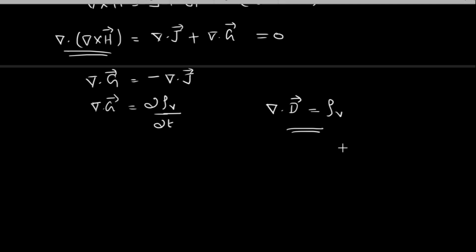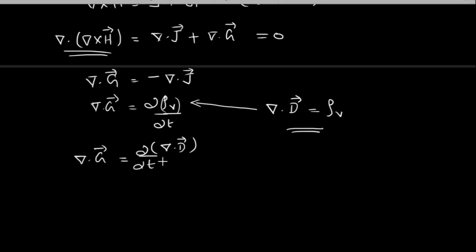So using this, rho v can be substituted as del dot D, and I get del dot J is equal to the partial differential with respect to time of del dot D.